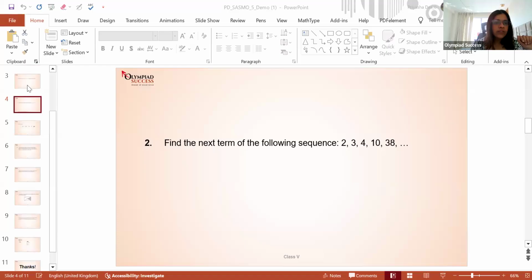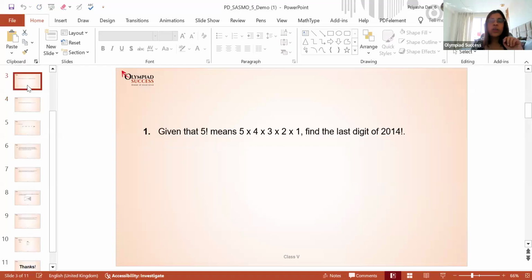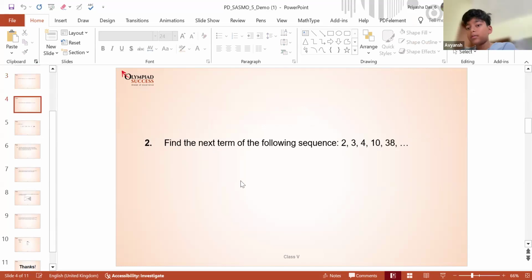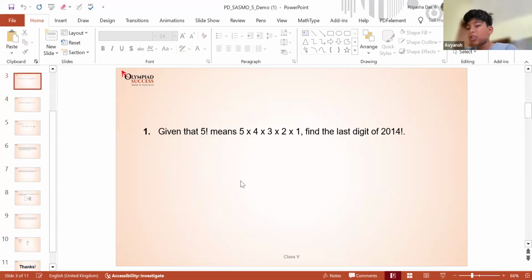I think we should start with this question first. Do you know what this sign means? This sign is called factorial, and the meaning is given over here. It means 5 into 4 into 3 into 2 into 1.